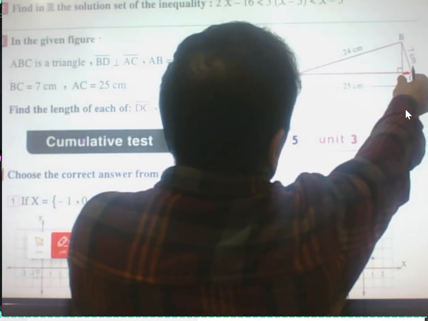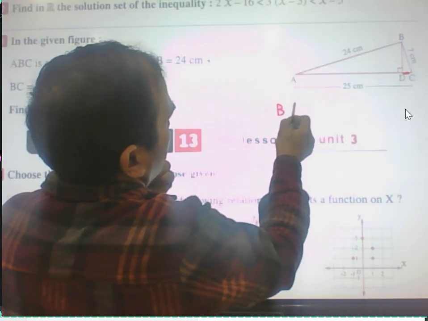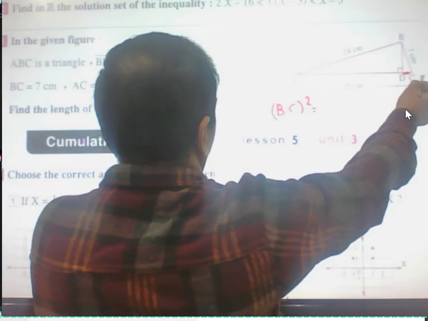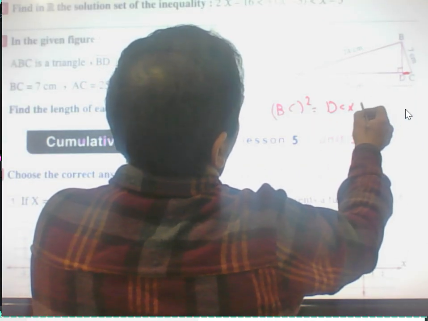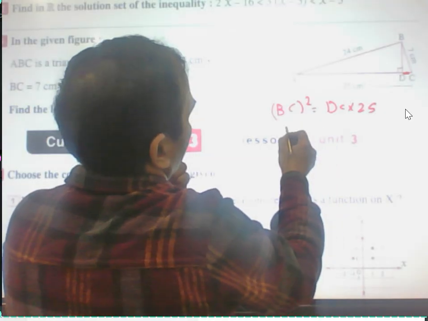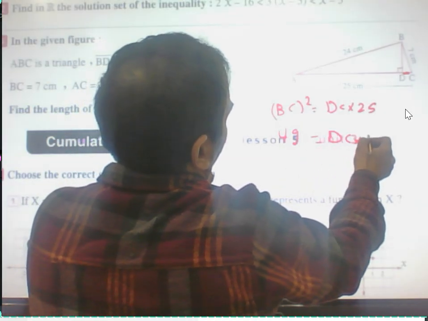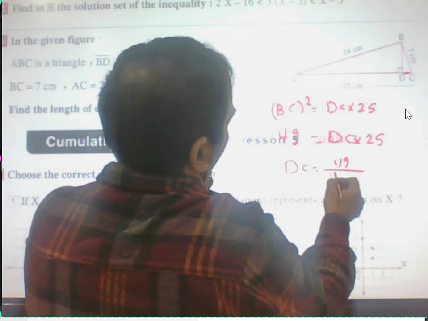Okay, first step, we can find DC from the Pythagoras theorem, such that we have BC power 2 equals DC product by the hypotenuse, which is 25. DC power 2, it will be 49, equivalent to DC product by 25. Then DC will equal 49 over 25.